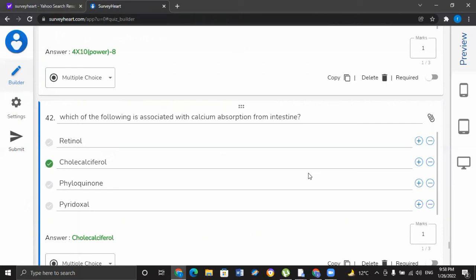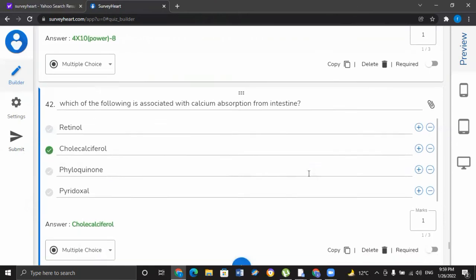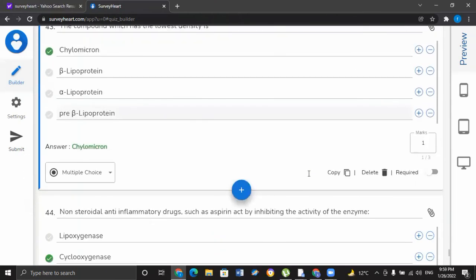Actually, there are a lot of similar compounds that increase calcium absorption, including 1,25 dihydroxycholecalciferol, which also increases इनऑर्गेनिक फॉस्फेट एब्जॉर्प्शन भी इंक्रीज करता है और कैल्शियम एब्जॉर्प्शन भी इंक्रीज करता है. विटामिन डी, that is the active transport of both calcium and inorganic phosphate from the intestine into the blood circulation. So the correct option for MCQ number 42 is B cholecalciferol.